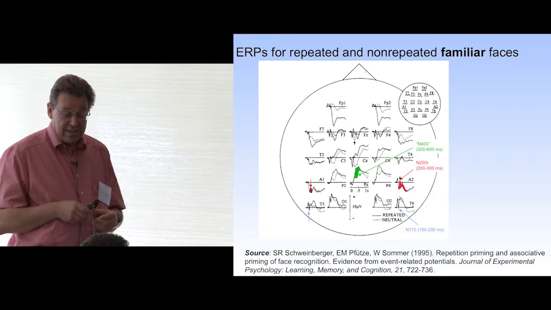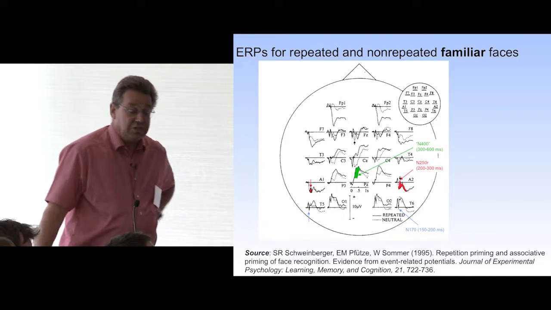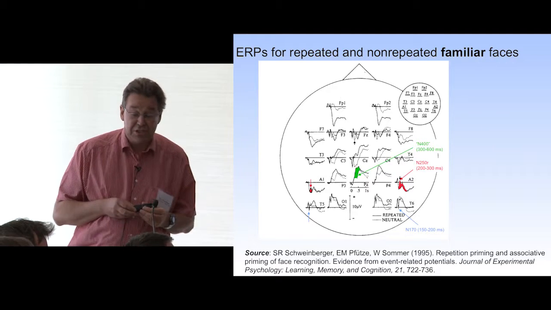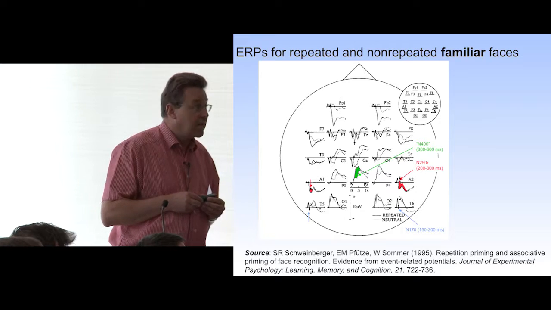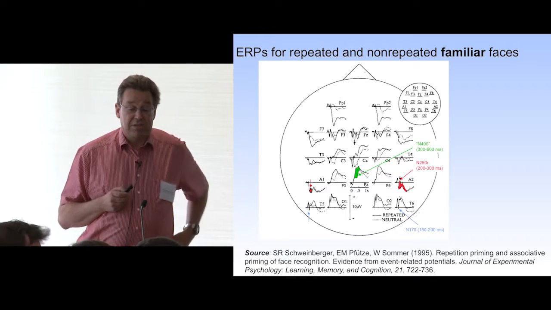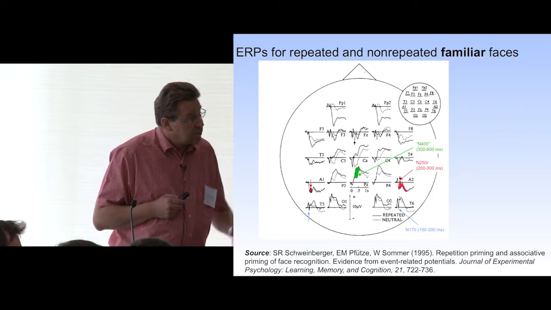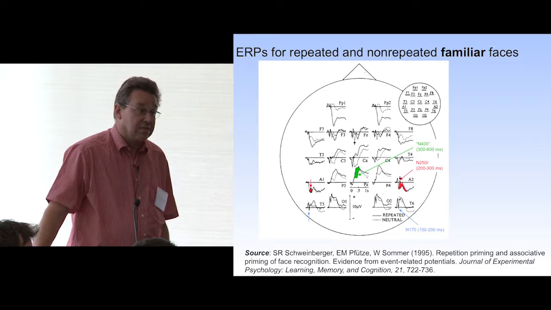In red, you see the N250R. R stands for repetition, so this is an ERP modulation for repeated faces with a latency of about 200 to 350 milliseconds and with a ventral temporal distribution. And this is a response that's typically larger over the right hemisphere, as you can see here.